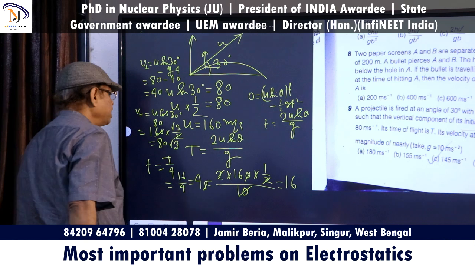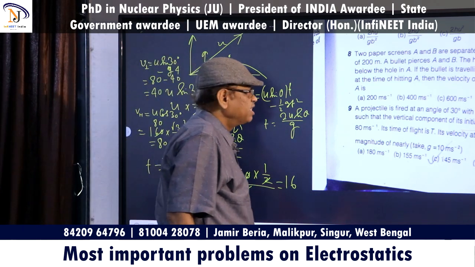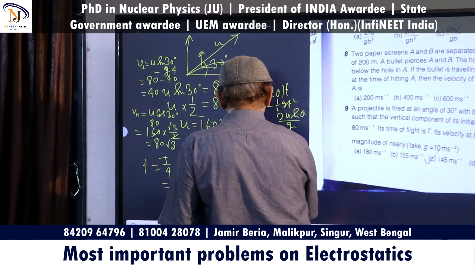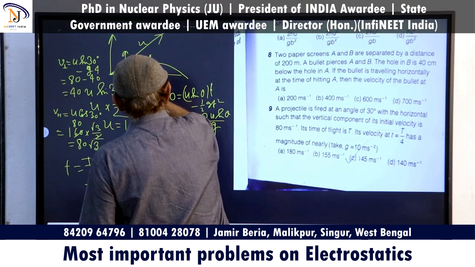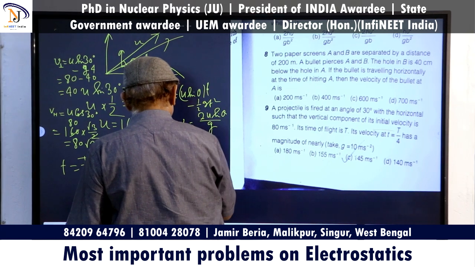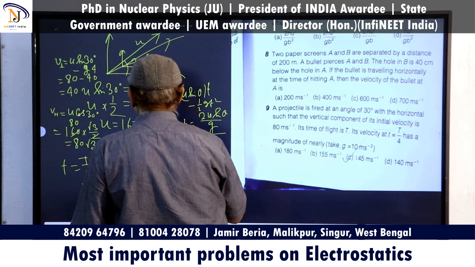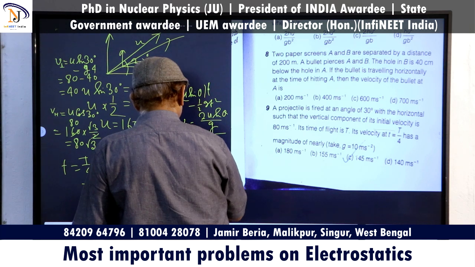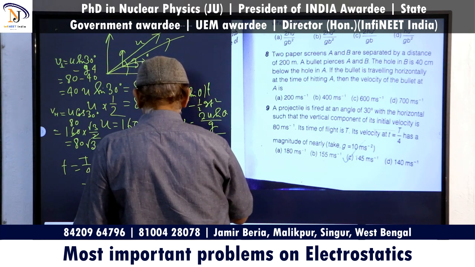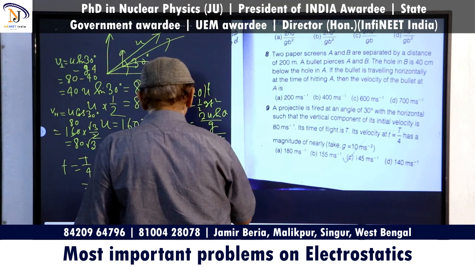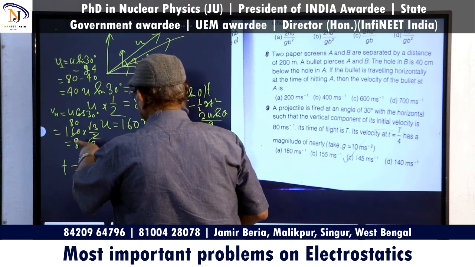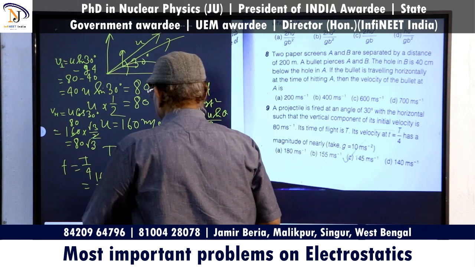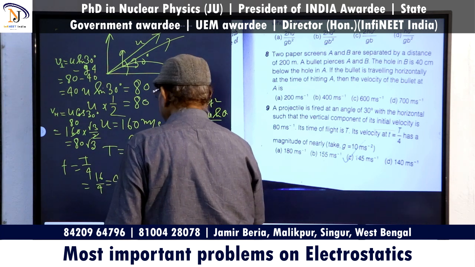Okay? Then the magnitude of the resultant velocity will be like this. What is the resultant? Root under v perpendicular square plus v horizontal square. You just do it. What is the value? 80 root 3, isn't it?